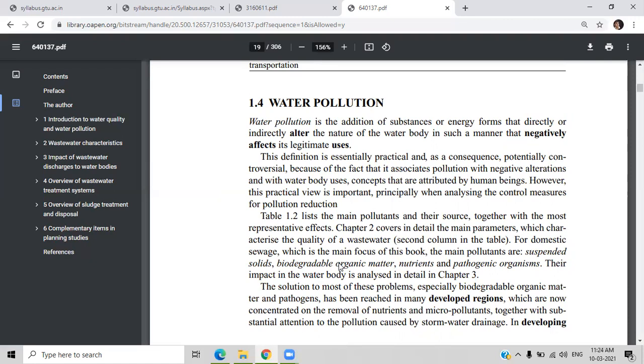So when we are talking about wastewater or domestic wastewater, there are certain parameters and characteristics to consider for any modification or interpretation, like suspended solids, biodegradable organic matter, nutrients and pathogenic organisms.